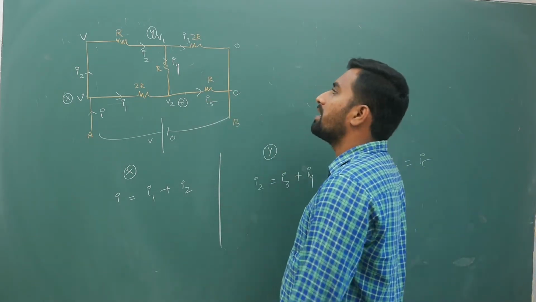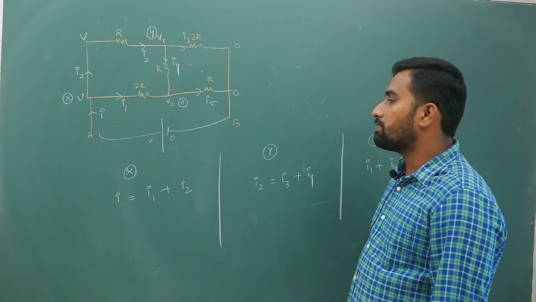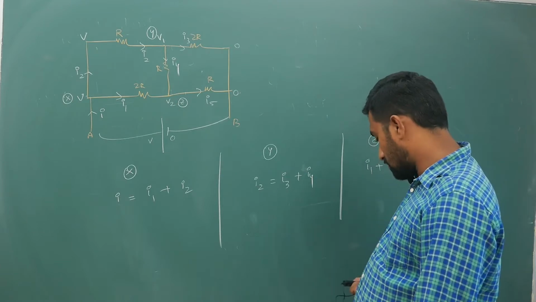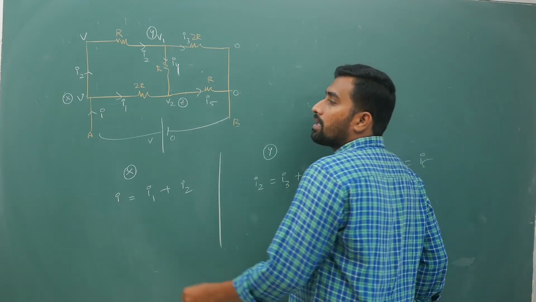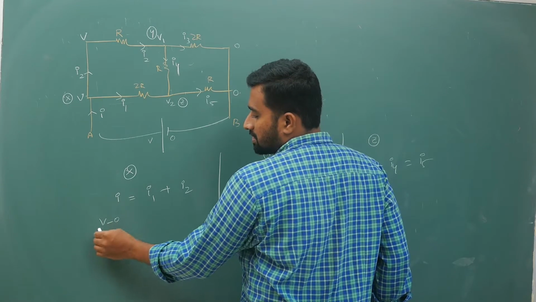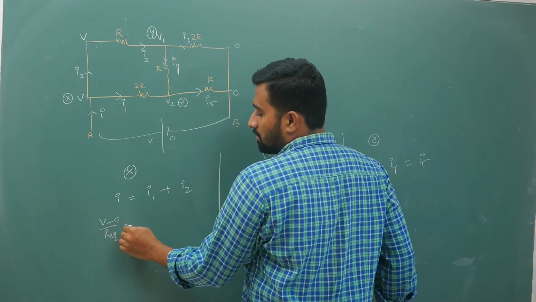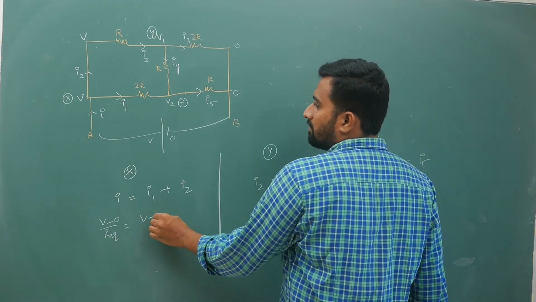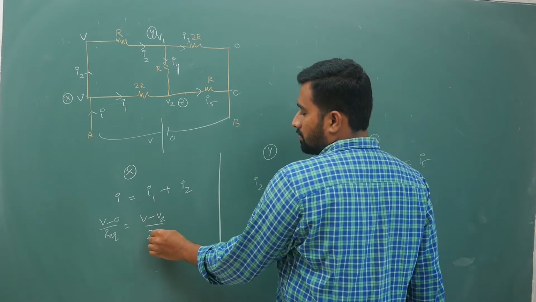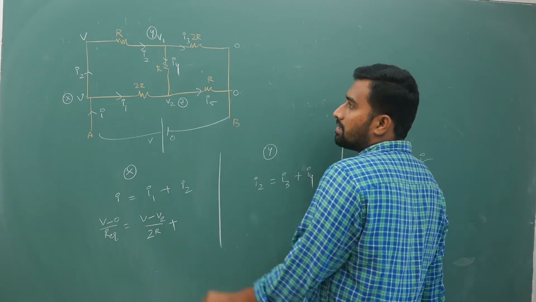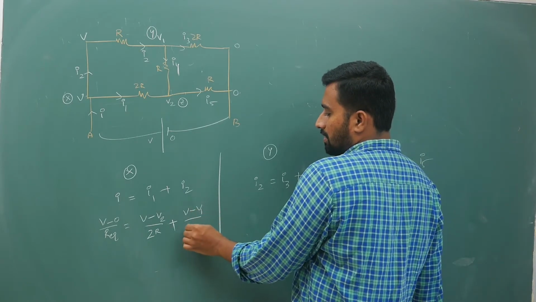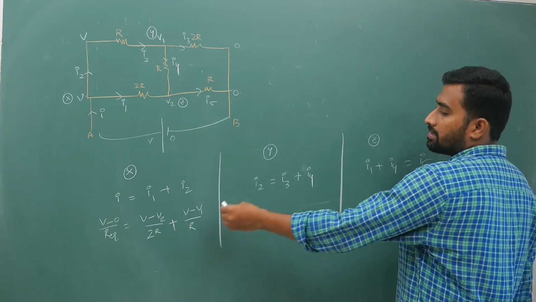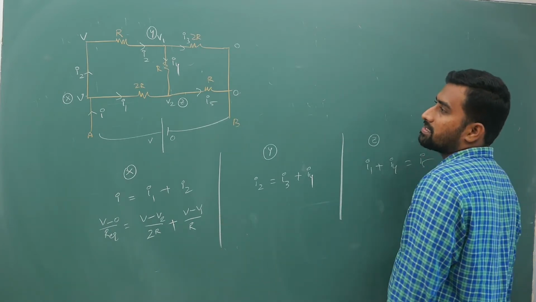Then what we have done is, we have expressed the current as a function of resistors. According to Ohm's law, your current is potential difference by resistance. So this is V minus 0 by R equivalent, which is equal to I1, V minus V2 by 2R, plus I2, V minus V1 by R. So we have calculated this current in terms of potential difference by resistance.